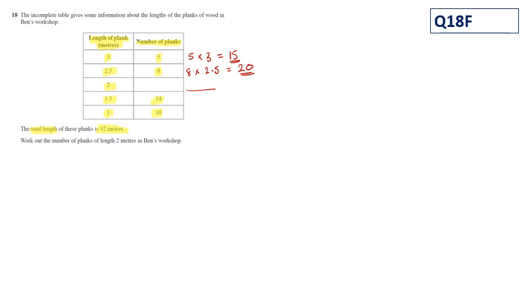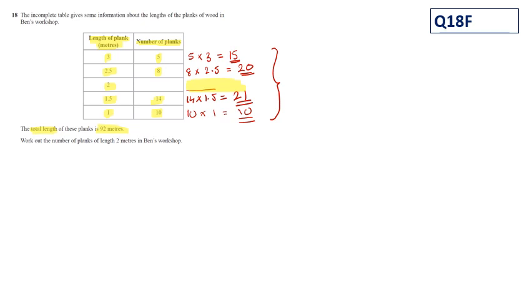The number of planks that are 1.5 meters, I've got 14 of those, so I'm going to do 14 times 1.5, and that will give me 21 meters. And finally, in the last row, I've got 10 planks that are 1 meter long, so 10 times 1 is 10. Okay, so I know that all of these lengths, including the row that's missing here, need to add up to 92.